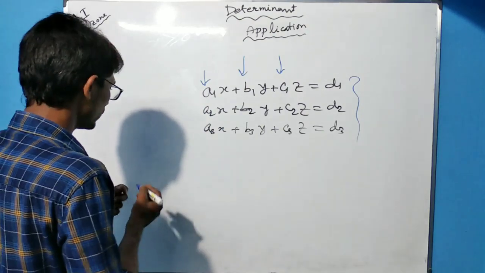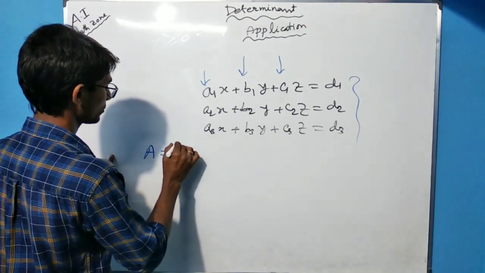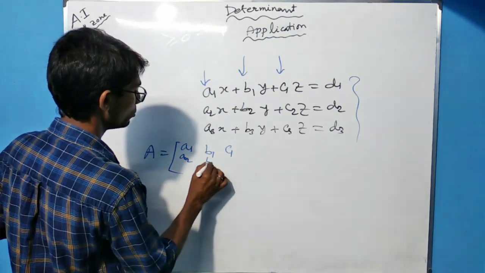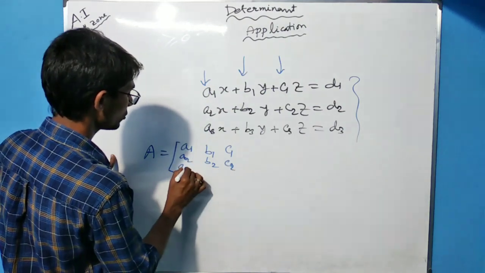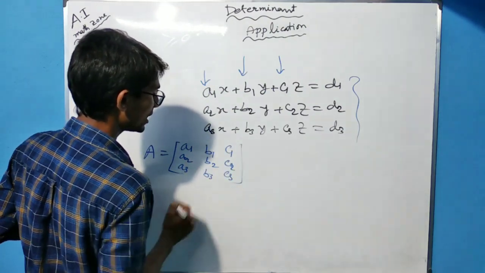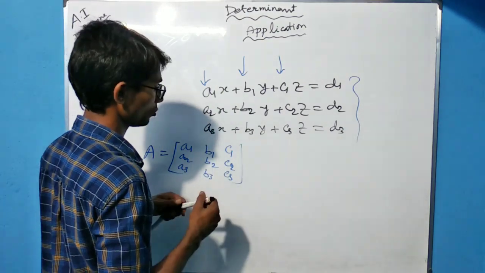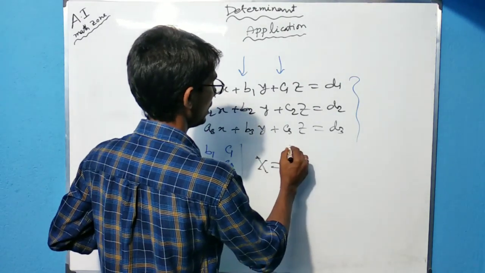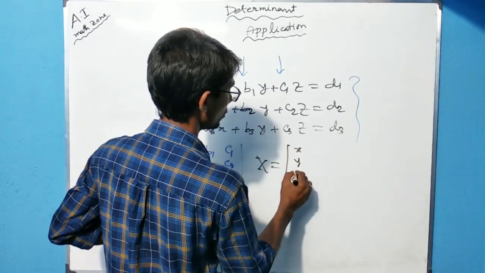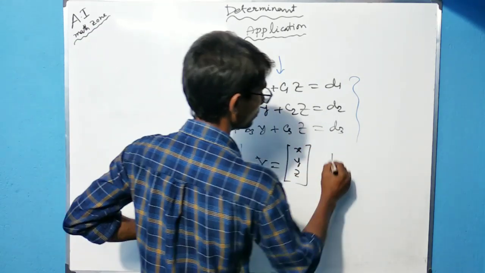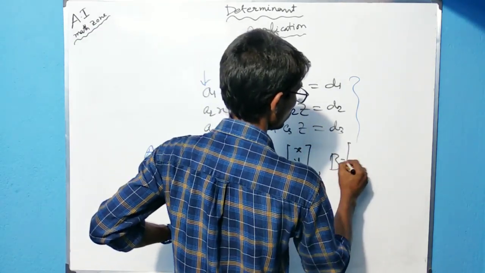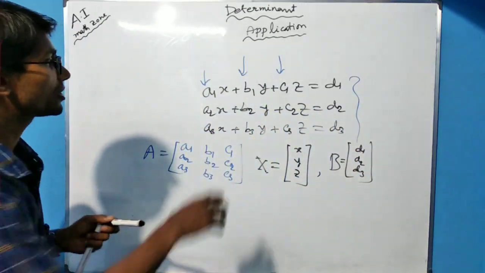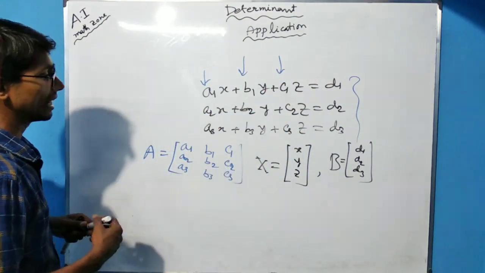So we write A = [a1 b1 c1; a2 b2 c2; a3 b3 c3], and capital X = [x; y; z], and B = [d1; d2; d3].